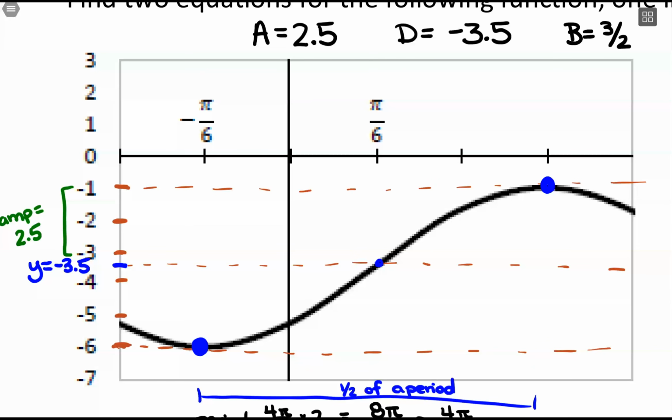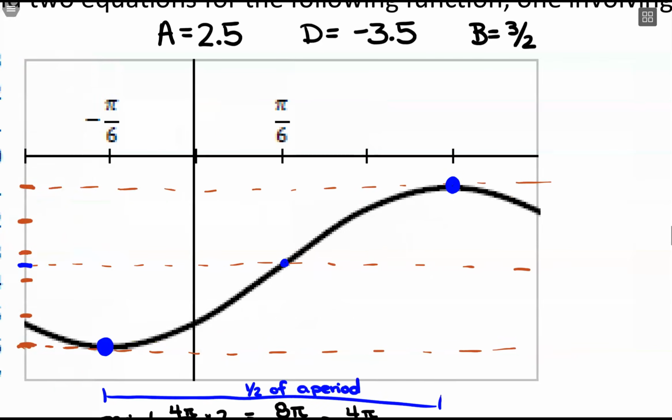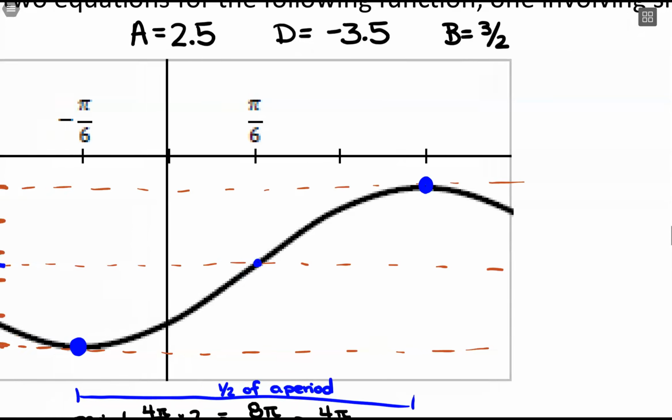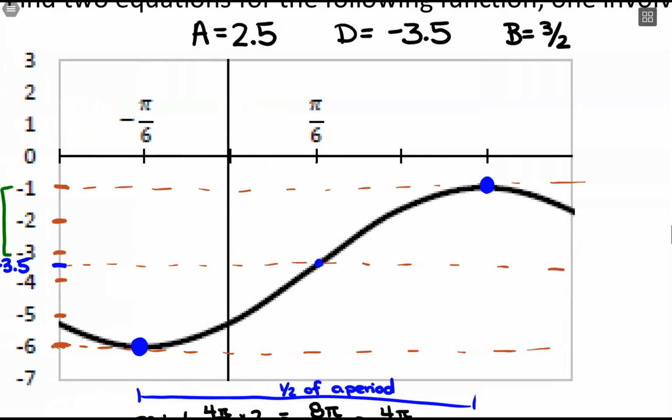Alright, so let's start with the idea of using sine. Sine would start at the midline, and it would go up and down and back up. And where I'm seeing that behavior occur is starting right here, at this point. That would match up the behavior of sine in terms of reading to the right.